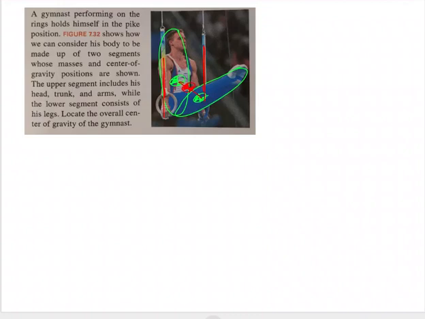Of course, he's very strong, so he's able to do that, but it's more balance than anything. If he did not have this center of gravity lined up with those straps, then he would not be able to control his body, and he'd start shaking and wobbling and probably fall. So that's how he's able to do that. This upper part of his body is actually outside of those straps.